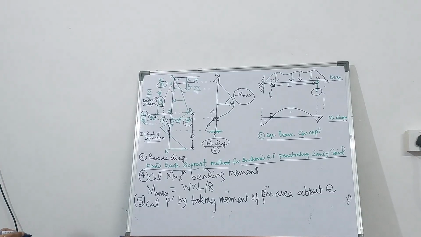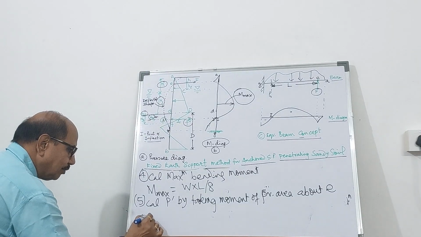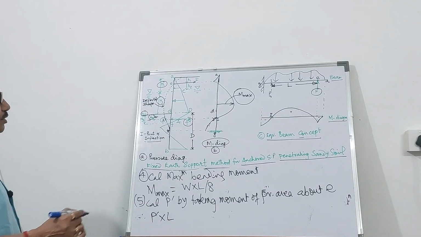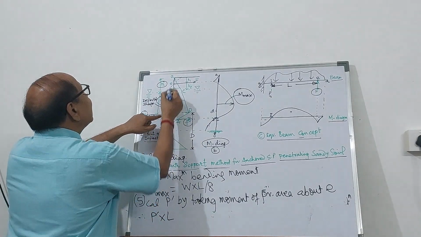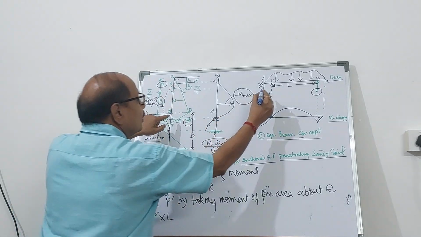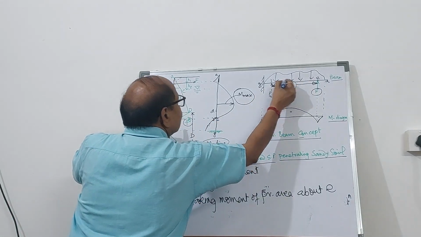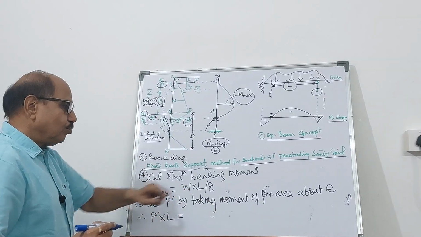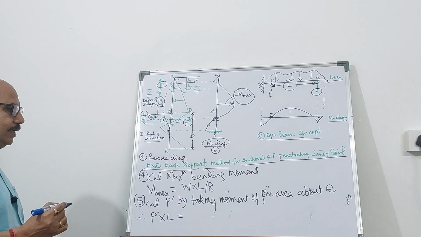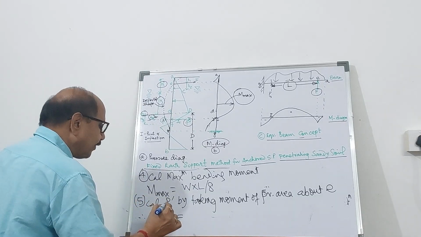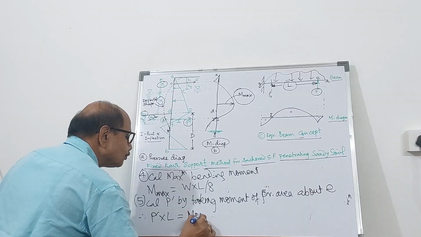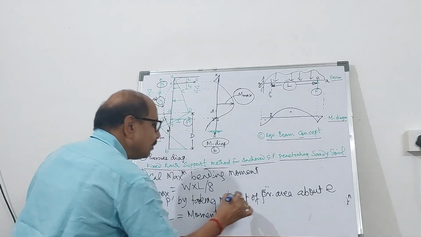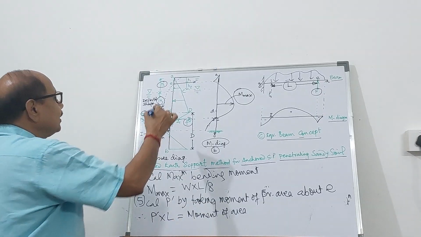E. So therefore, if you take the moment, P prime into L, so here it is P prime, and between I and E, the length is going to be L. So P prime into L, the moment about E, must be equal to the moment of area, which area? The pressure area. And what is the pressure area?